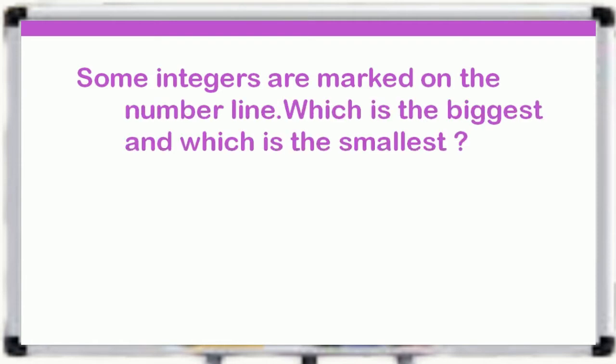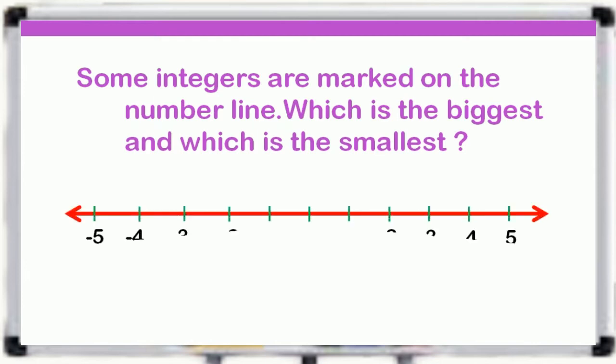Some integers are marked on the number line. Which is biggest and which is smallest? So again here we have the integers number line. -5 is marked with a circle and +1 is marked with a circle. So in -5 and 1, which is the biggest number, which is the smallest number?